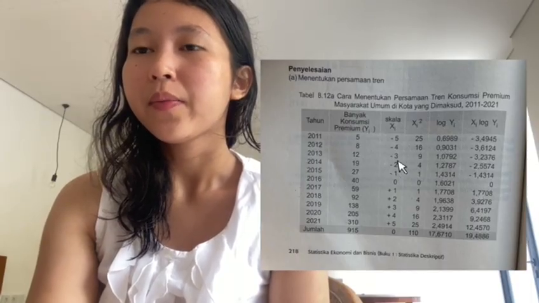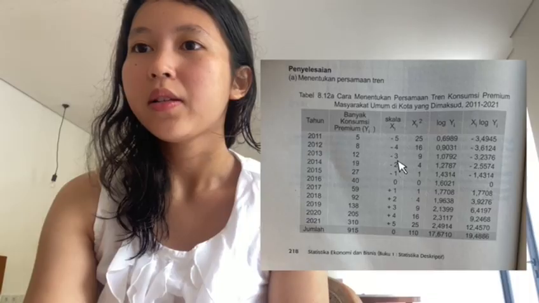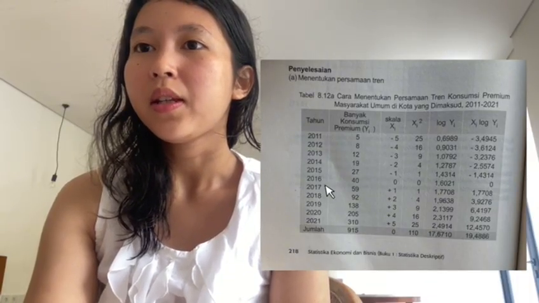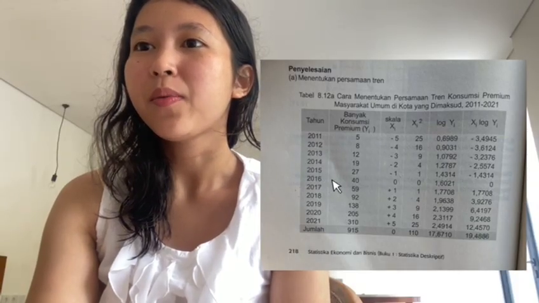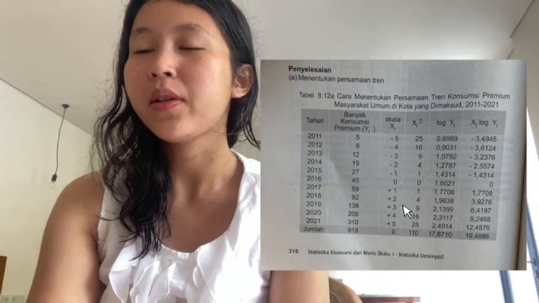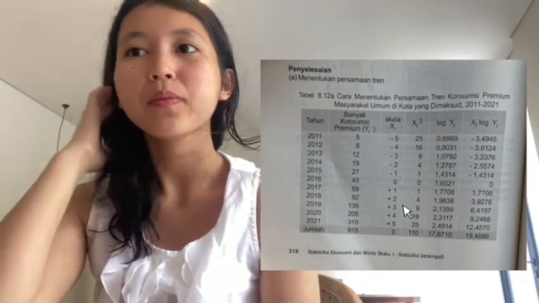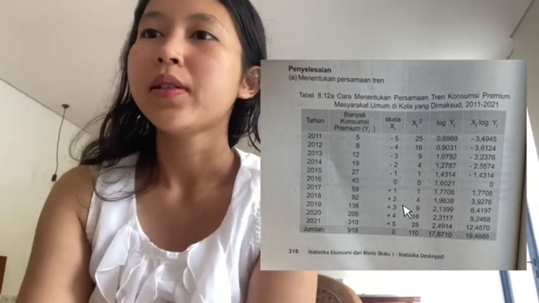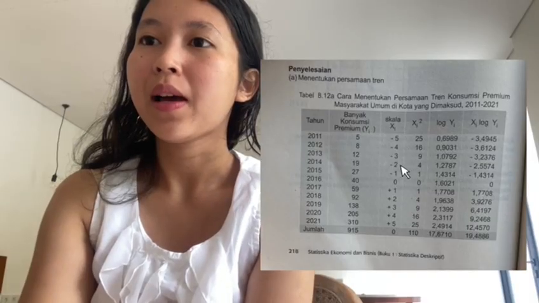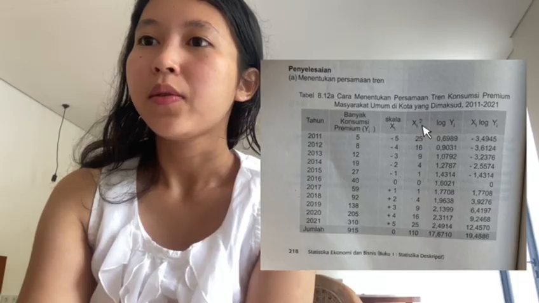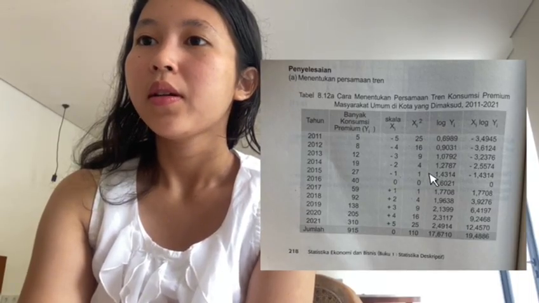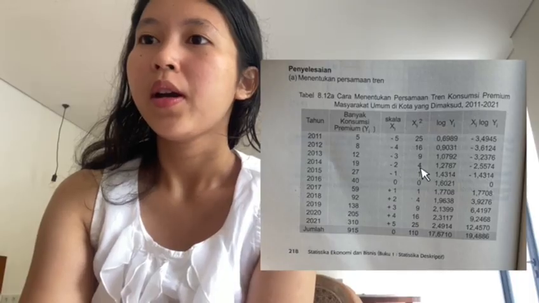Also for the years after, 2017 minus 2016 is plus 1, and then plus 2, plus 3, and so on. After we got the scaled value of xi, we need to square it. So minus 1 squared is 1, minus 2 squared is 4, and so on.